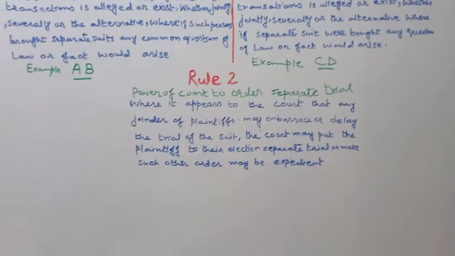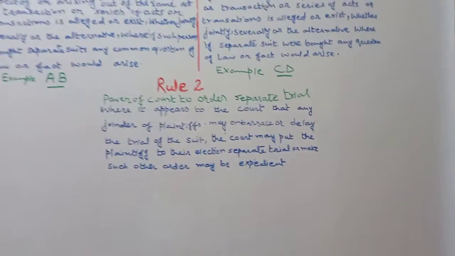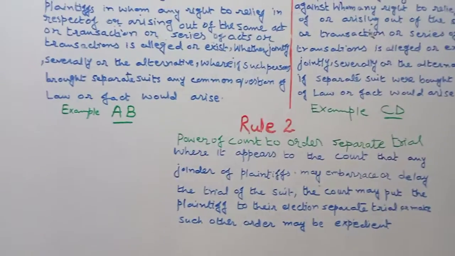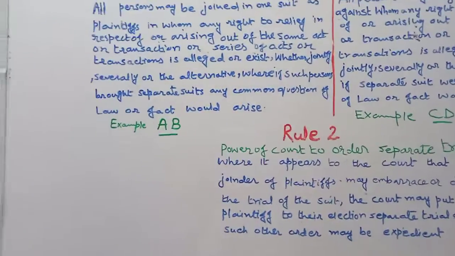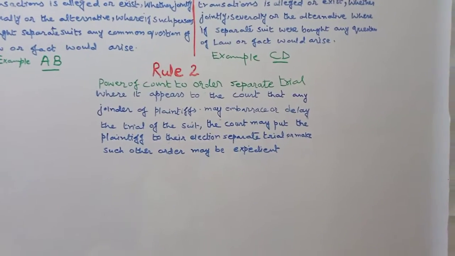Okay, Rule number 2 is saying power of court to order separate trial. Here I gave the example of A and B and C and D, meaning two plaintiffs only, it was an example. So Rule number 2 is saying the court has power to order separate trial.